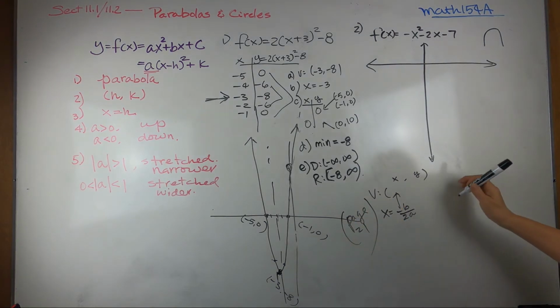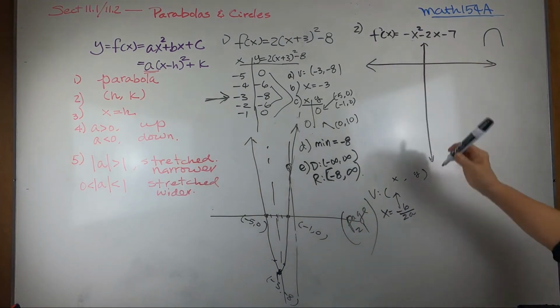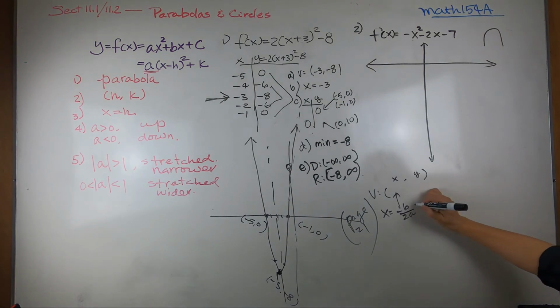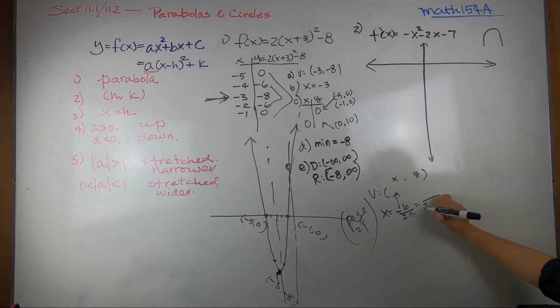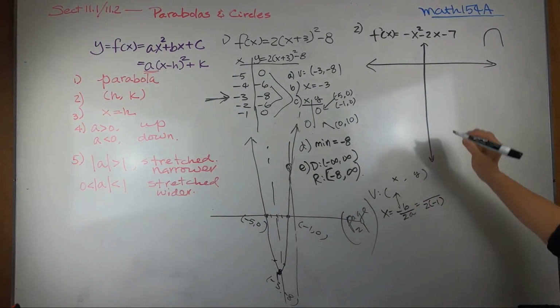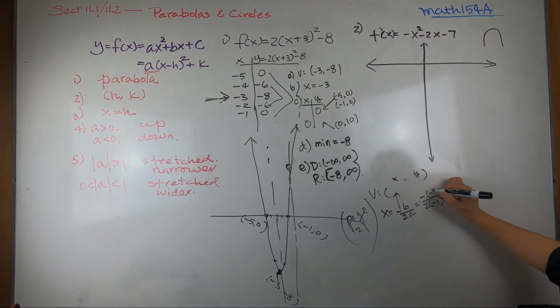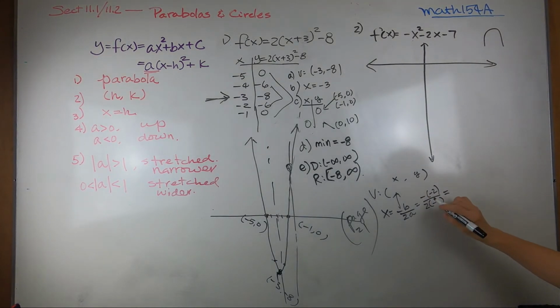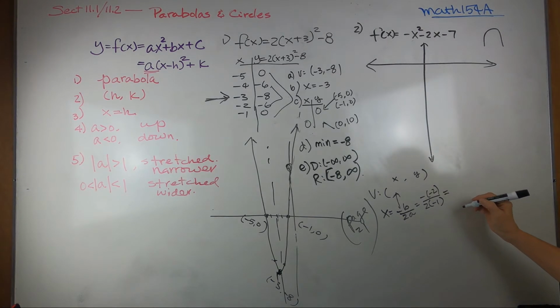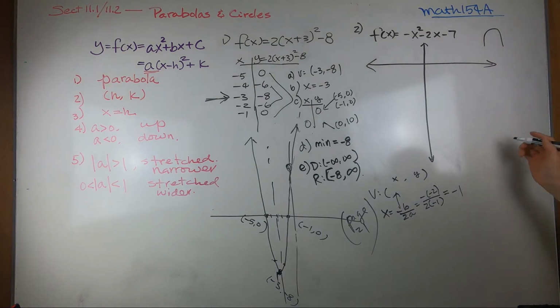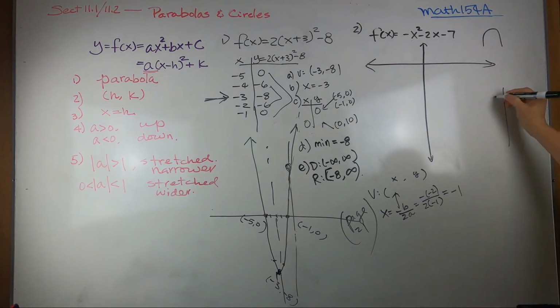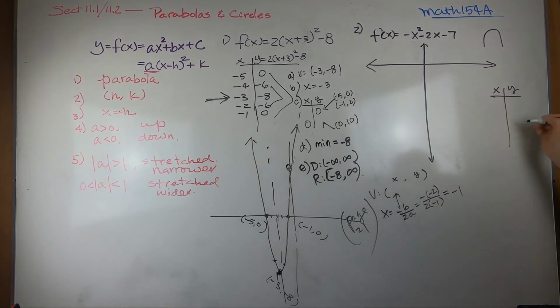Okay, so what's your a? A is -1, so 2 times -1. B is what? -2. So it would be what? Positive and negative? That would be -1, right? So in your T table, which number will you put in the middle?